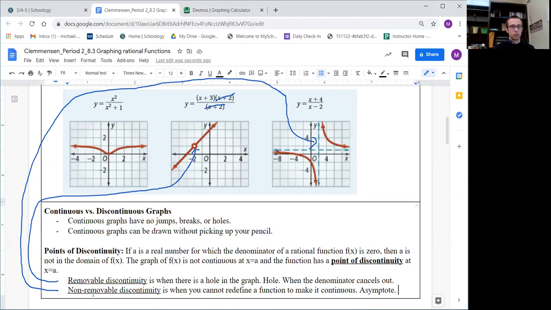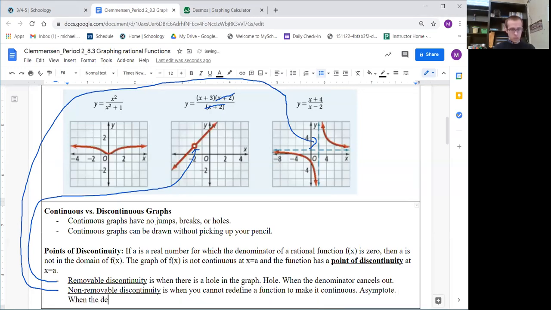Again, the non-removable discontinuity happens when I can't cancel it out. The denominator doesn't cancel. That's what that means.